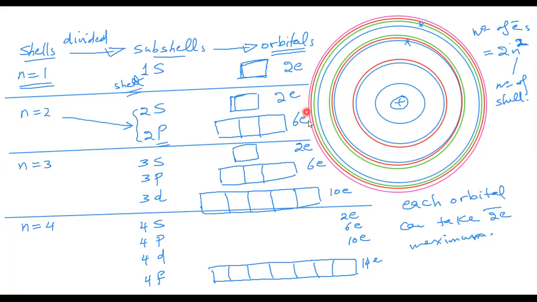In the third shell, 3 squared makes 9, 9 times 2 is 18. So we have here 18 electrons. And here we have 32 because 4 squared makes 16, times 2 makes 32. So these are the number of electrons that can be held in any orbital and in any shell.